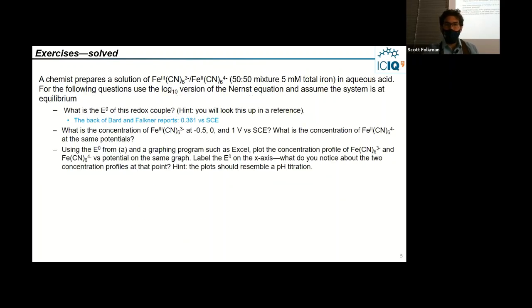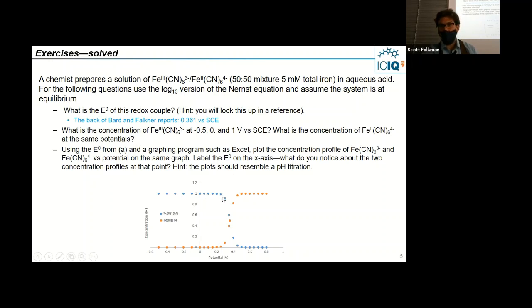The next thing I asked was to use a graphing program to plot the concentration profiles of these two on the same graph. And using the same formula, I took various points. We can see down here at reducing potentials, it's all in the iron 2 state.